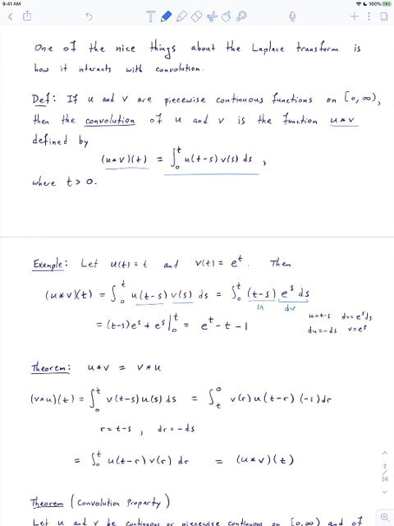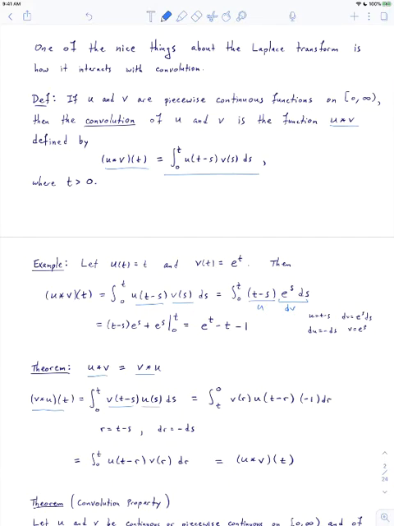One of the nice properties of convolution is that it's commutative, so u convolved with v is the same as v convolved with u, which is very handy if you happen to forget which order the definition is in. So v convolved with u we can write out and show that it's actually equal to u convolved with v using a substitution. So v convolved with u is equal to the integral from 0 to t of v at t minus s times u at s ds.